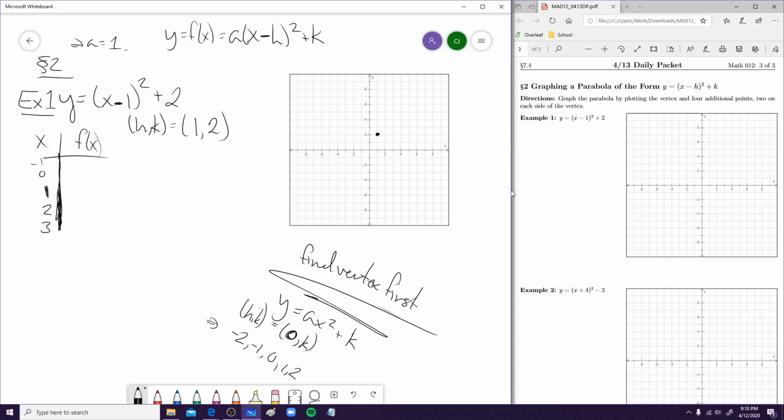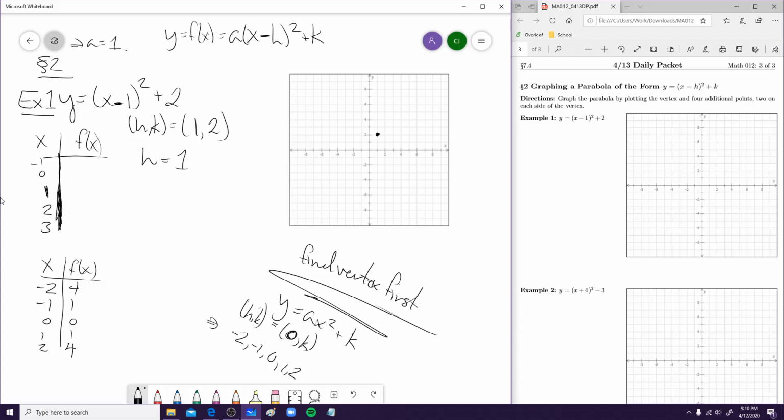So me continuing on with the second way, and then we can use this first way to check our work when we're done graphing. We first need our parent function. So what is our parent function? It is the values of this: (-2, 4), (-1, 1), (0, 0), (1, 1), (2, 4). So what does that mean? We know that the vertex is (1, 2), but what do we know about h?